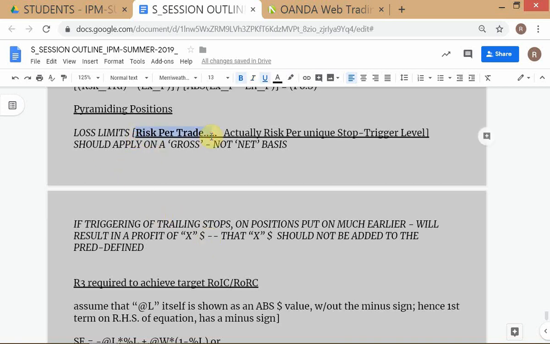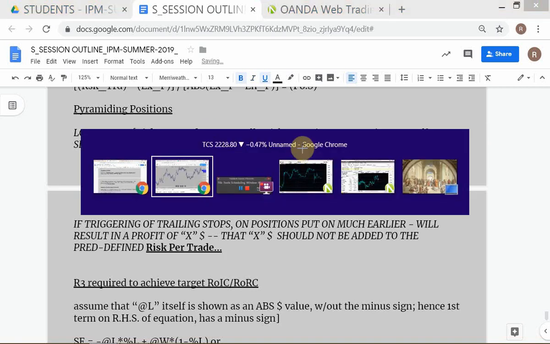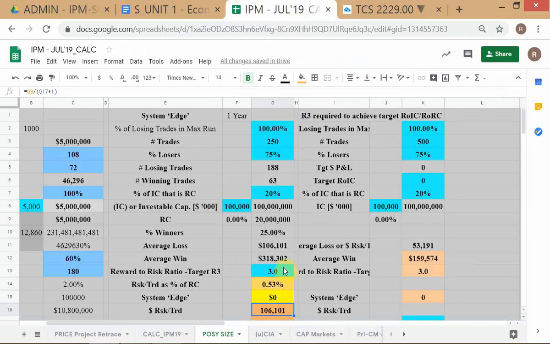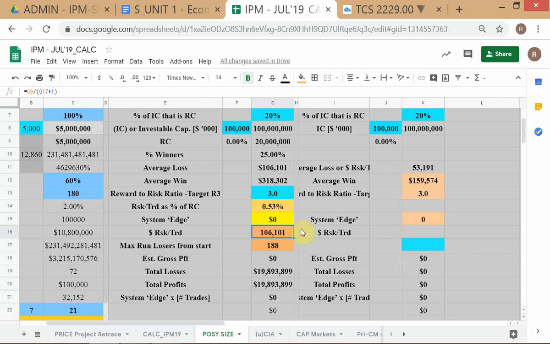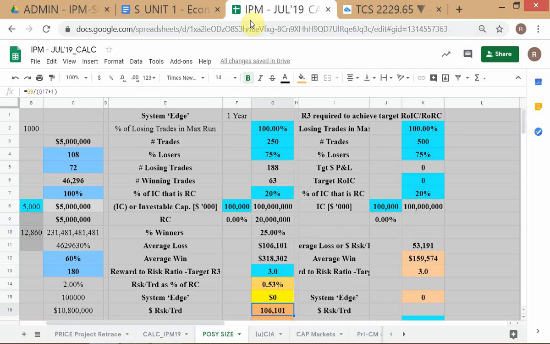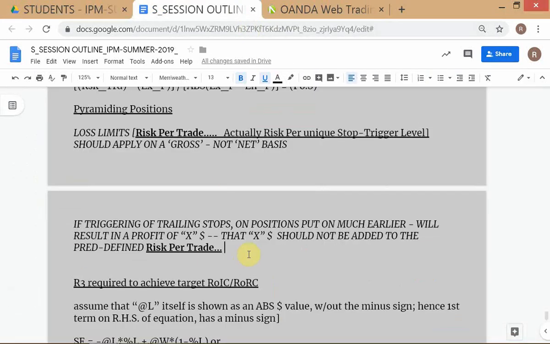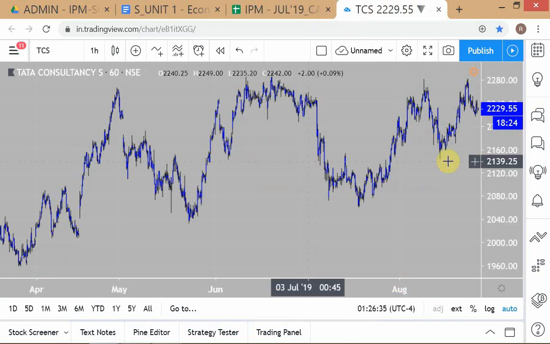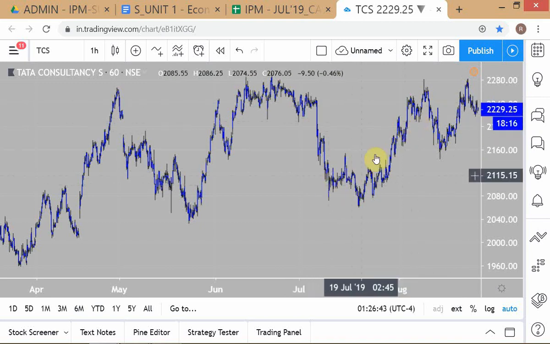In this case, our system has given us $106,000 as the risk per trade. Then we are also going to make X dollars on the triggering of the stop, from here where 500 shares were bought to this point where it was stopped out.